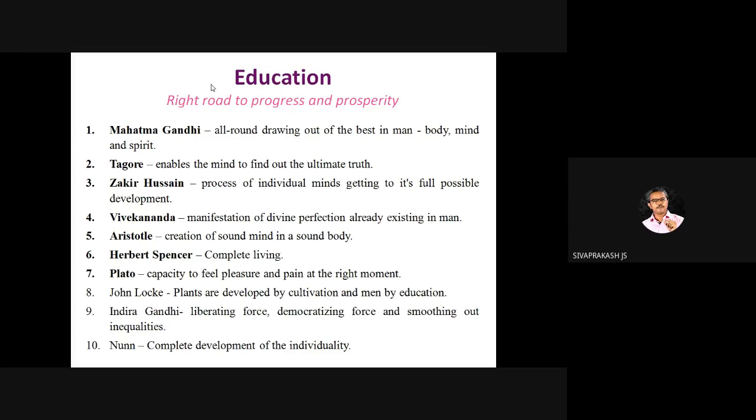So everyone can talk about attitude, skills and knowledge and match with these three. All round drawing out of the best in man. So all round drawing, it surrounds the body, mind and spirit. That's called education. It's given by Mahatma Gandhi.